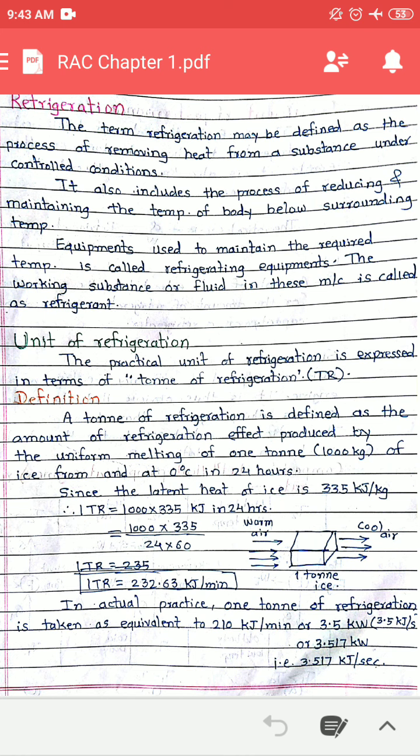So 1 TR is equal to 210 kilojoule per minute, or 3.5 kilojoule per second, or 3.5 kilowatt. So this is all about the last lecture.